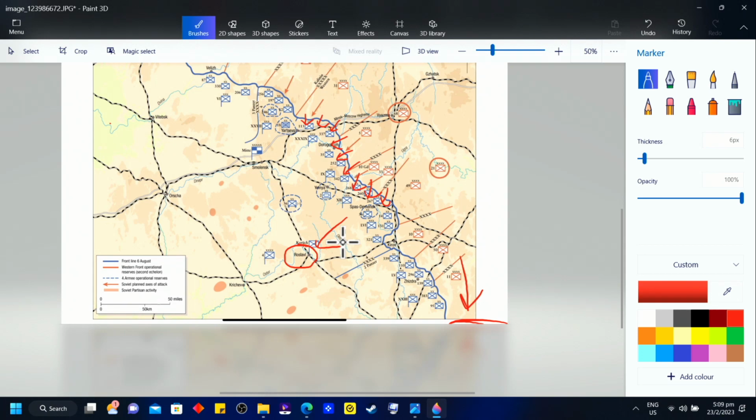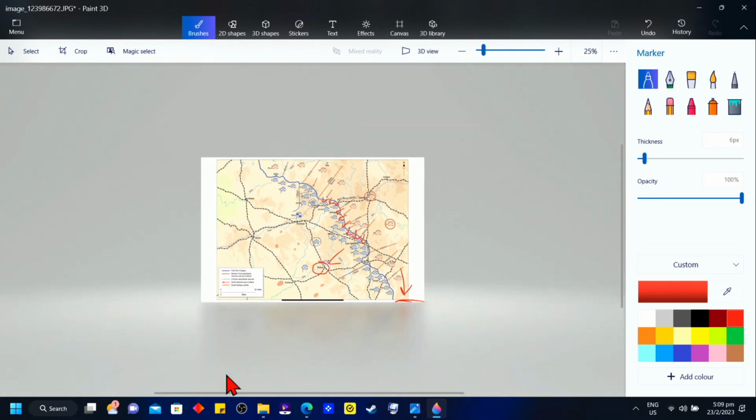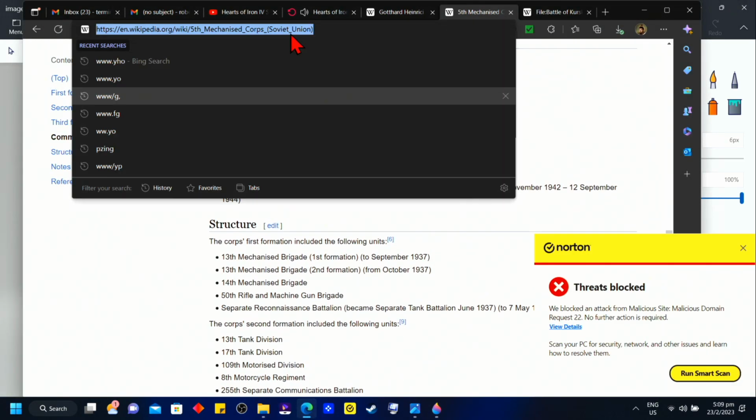Then, let me look first. What else can I say? So let's take a look at this map.